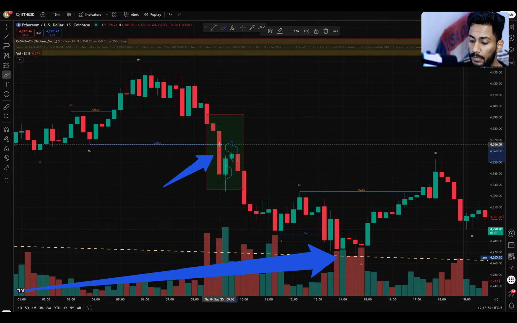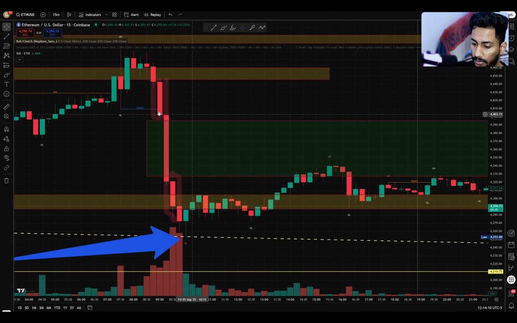So if you see a gap in here, look at the gap from the first candle and the third candle. In between the gap, this is a fair value gap.